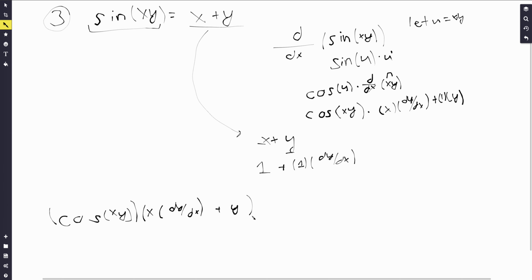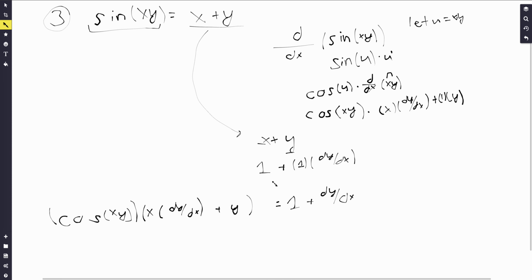Okay, and that would be equal to 1 plus dy over dx. Okay, now let's try to simplify this whole mess that we have here.